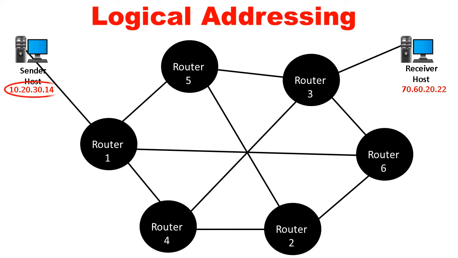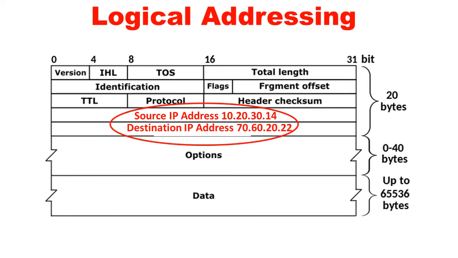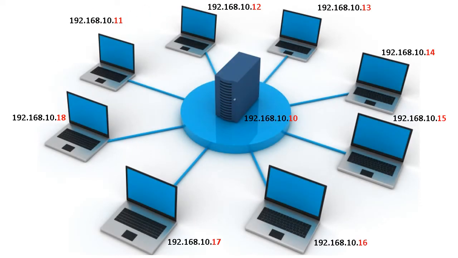The sender and receiver's IP addresses are placed in the header of the packets by the network layer because an address distinguishes each device uniquely and universally over the global network.